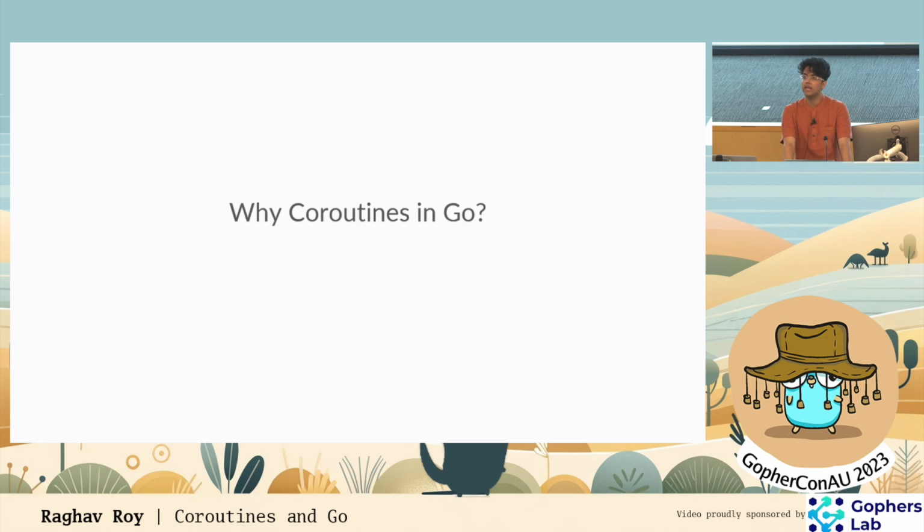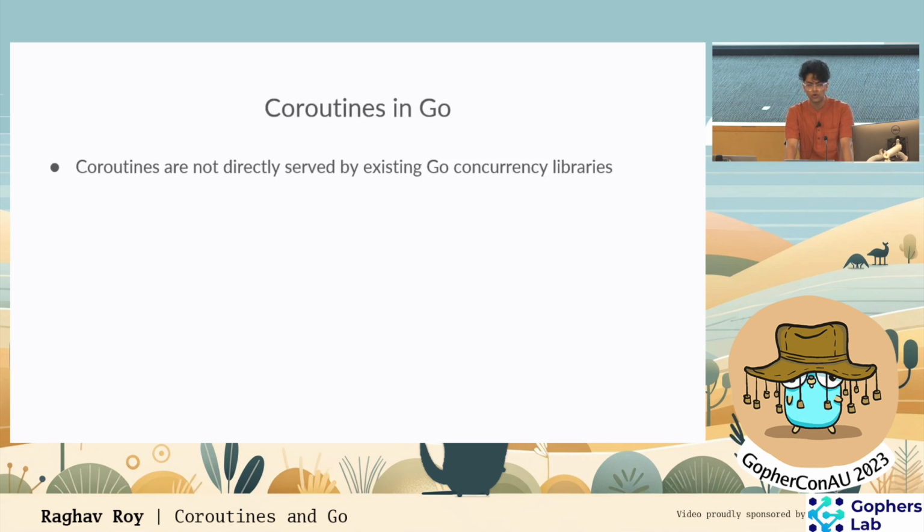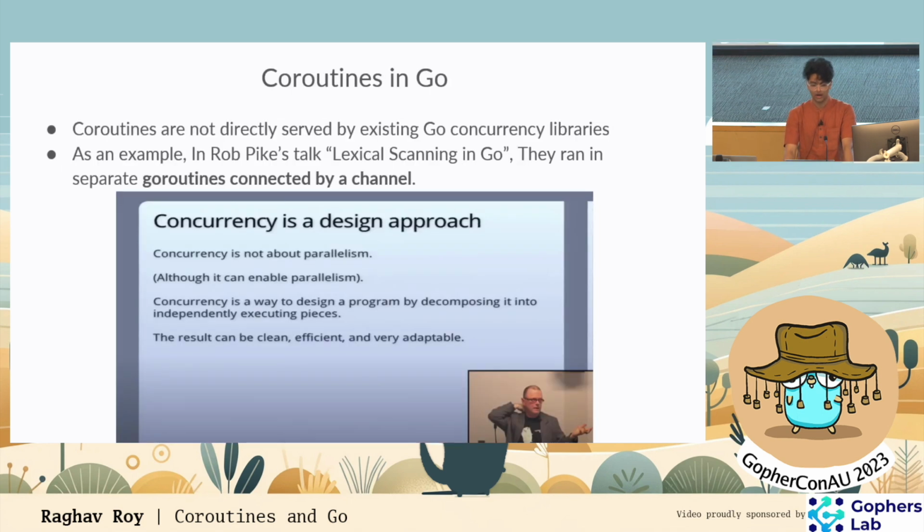So yeah, why coroutines in Go? Coroutines aren't directly served by existing Go concurrency libraries, even though we show that we can use Go definitions to implement them. There's a talk by Rob Pike on lexical scanning in Go, another talk that I've linked, a really interesting talk.